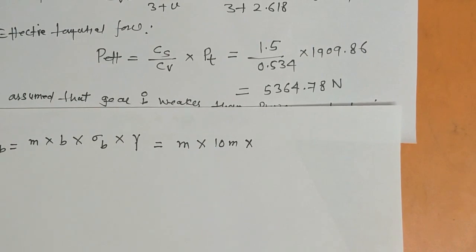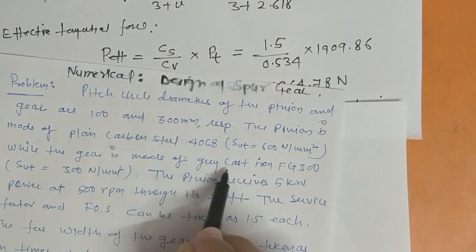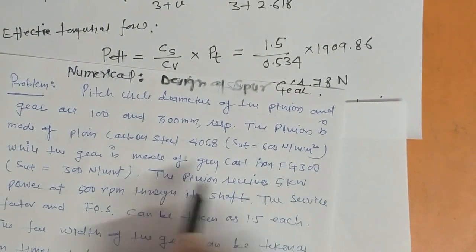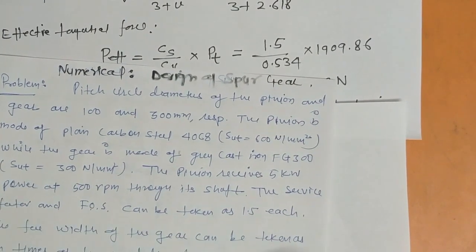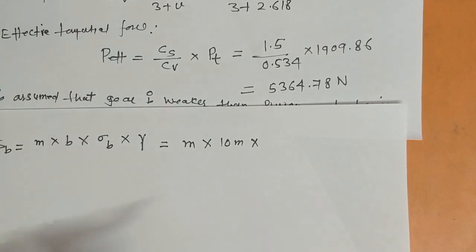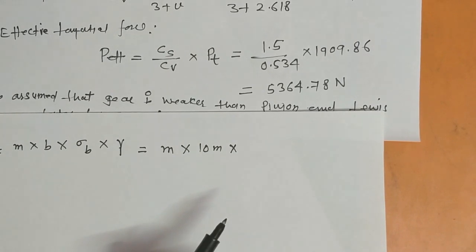Now sigma B. We are provided that the gear is made of grey cast iron FG300 and SUT, its ultimate tensile strength, is 300 Newton per mm square. But as we discussed in the lecture, this gear is subjected to fluctuating stresses.